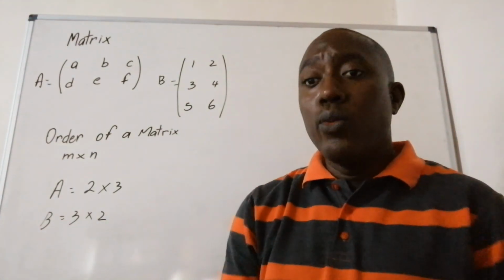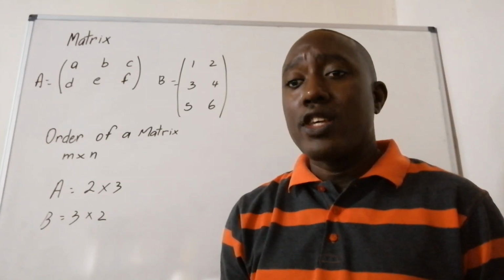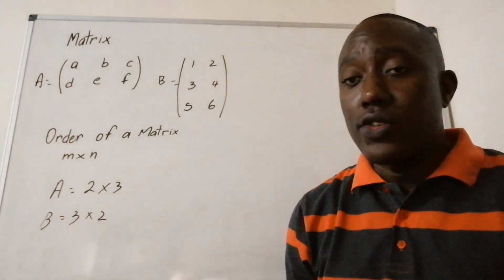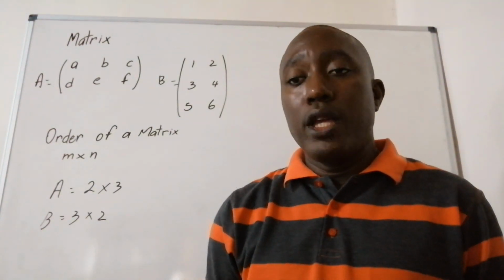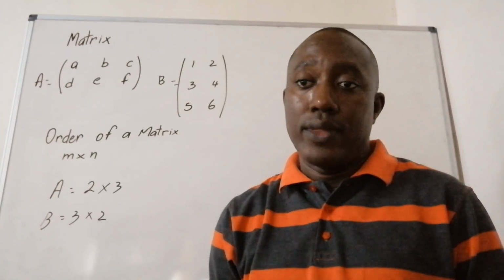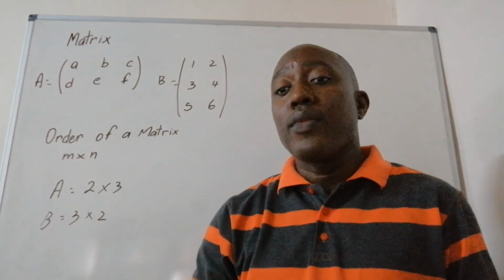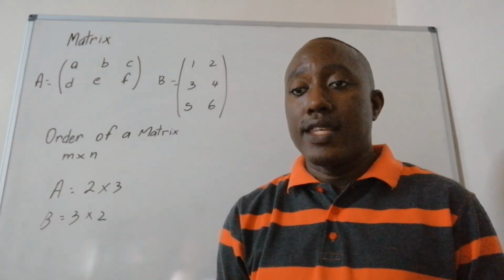Now, what we want to do is add and subtract matrices. For us to add and subtract matrices, the order of the matrices must be the same. If I'm to add or subtract two matrices, the order must be the same.